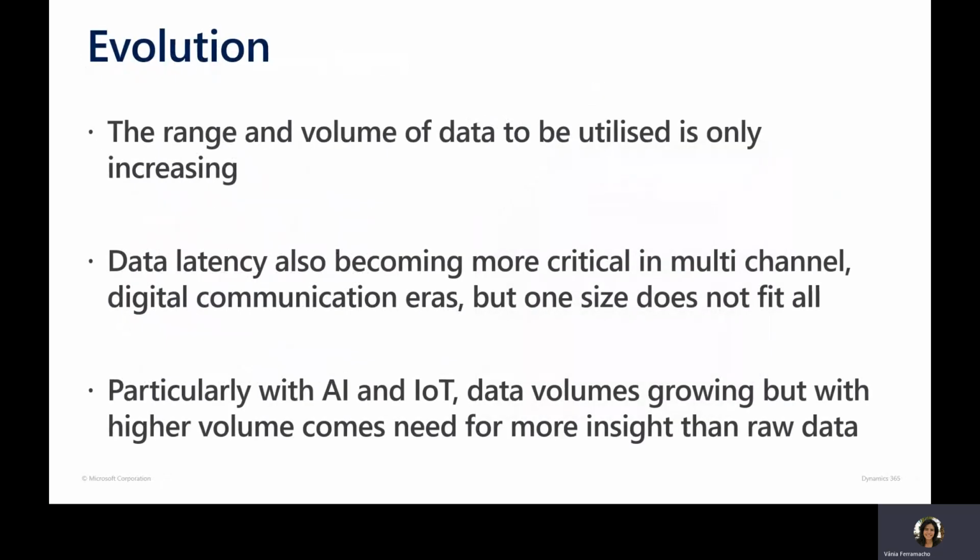So about the evolution of data, the range and volume of data is increasing every day. Data latency is becoming more critical in multi-channels in this digital communication era we are living in. For example, in a segmentation for marketing, maybe 5 or 10 minutes or even 15 minutes of latency doesn't bring any harm to the output.